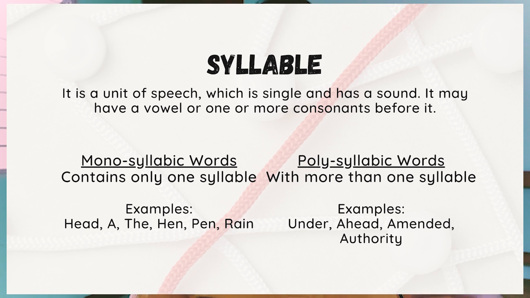There are monosyllabic words which contain only one syllable. This includes head, a, the, hen, pen, and rain. There are also polysyllabic words which contain more than one syllable. This includes under, ahead, amended, and authority.